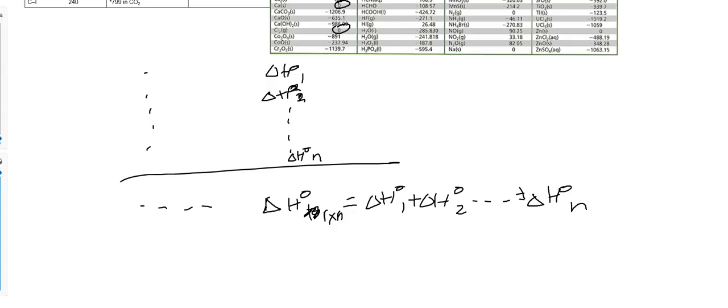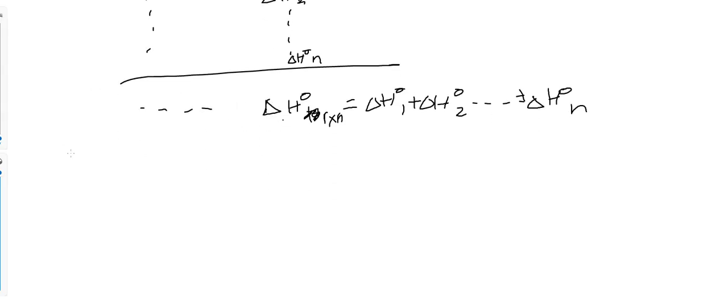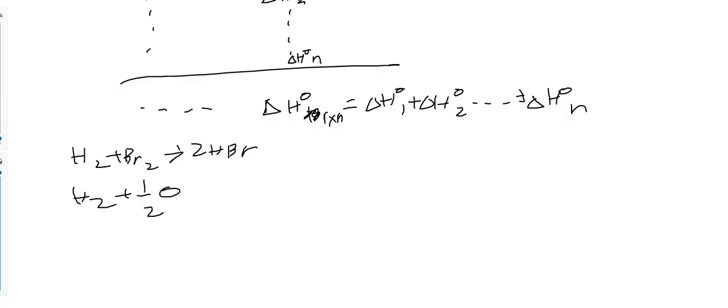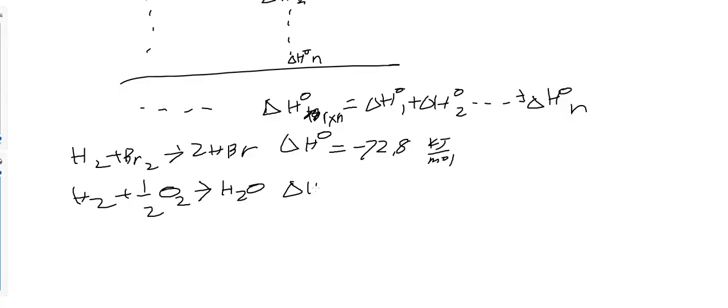So let's do an example. I have the reactions H2 plus Br2 turns into 2HBr. And I also have the equation H2 plus 1/2 oxygen turns into H2O. I have the delta H naught values as negative 72.8 kilojoules per mole, and this delta H naught value is equal to negative 285.8 kilojoules per mole.